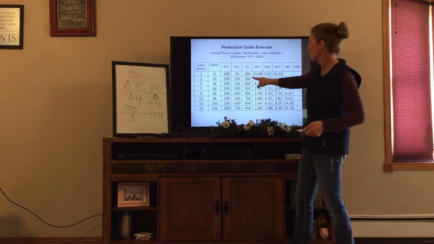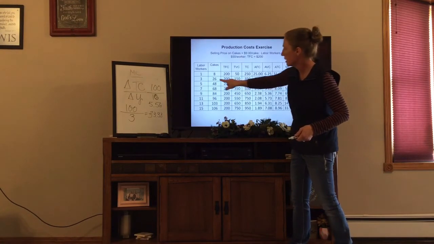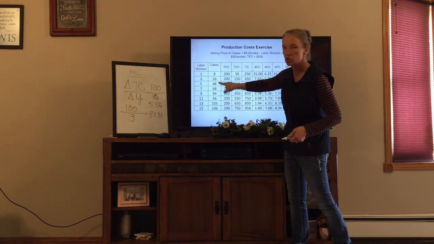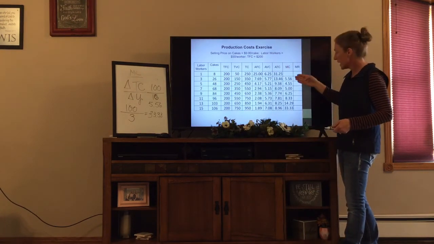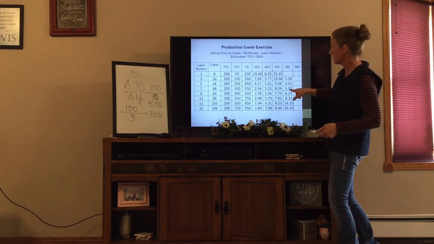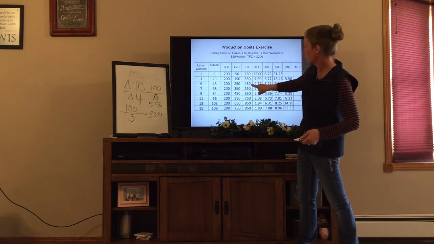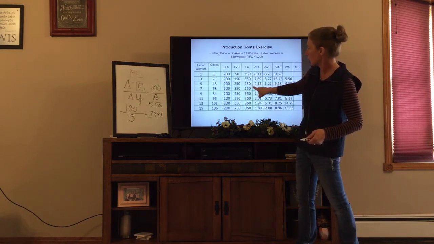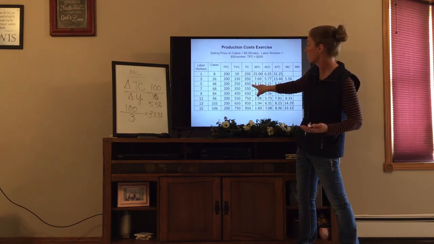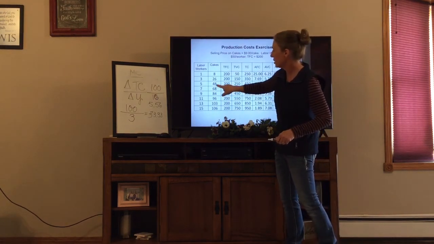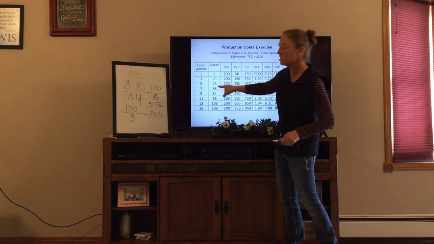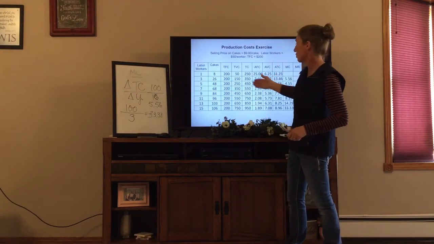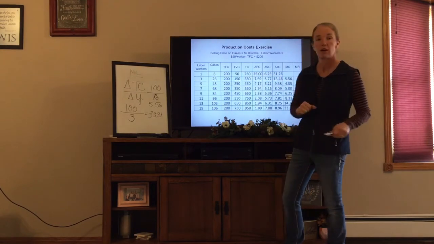So I'm going to take my $100 change here, divide by my 22 change in cakes, and that's how I get an answer of $4.55. And I do that each time. This one's easy to see. Let's do this one. So $5 right here was found by taking the change in total cost. $550 minus $450 is a $100 change, divided by the change in output. I have a difference of 48 to 68 cakes, so that's a difference of 20. So I have $100 divided by 20, and I get exactly $5.